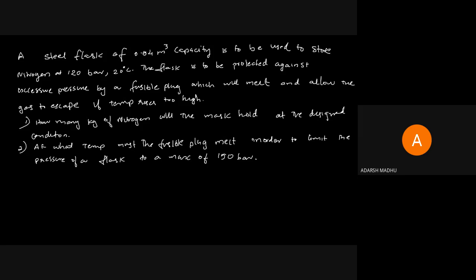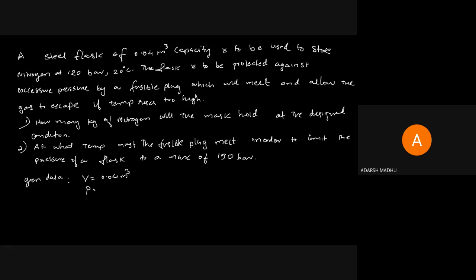Then write down the given data first. Given data. Volume of flask V equal to 0.04 meter cube. Not specific volume, this is the volume of the flask, 0.04 meter cube.